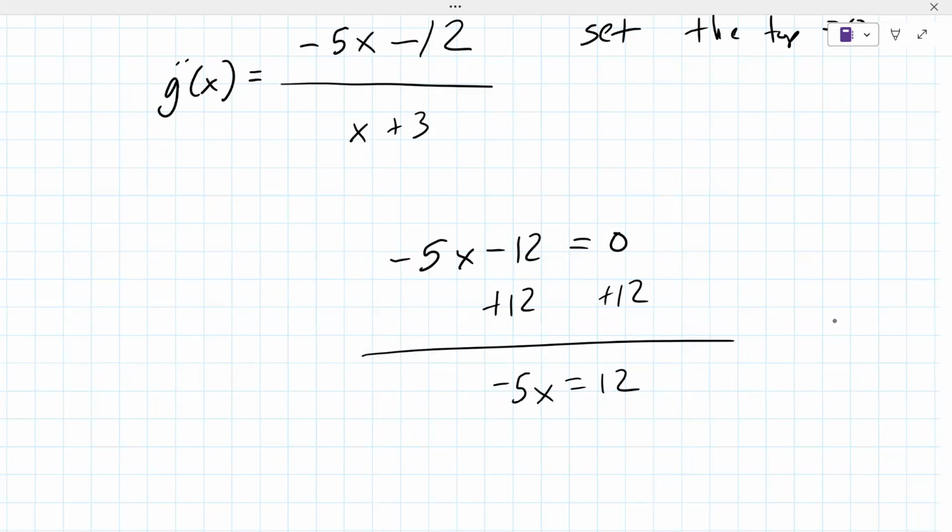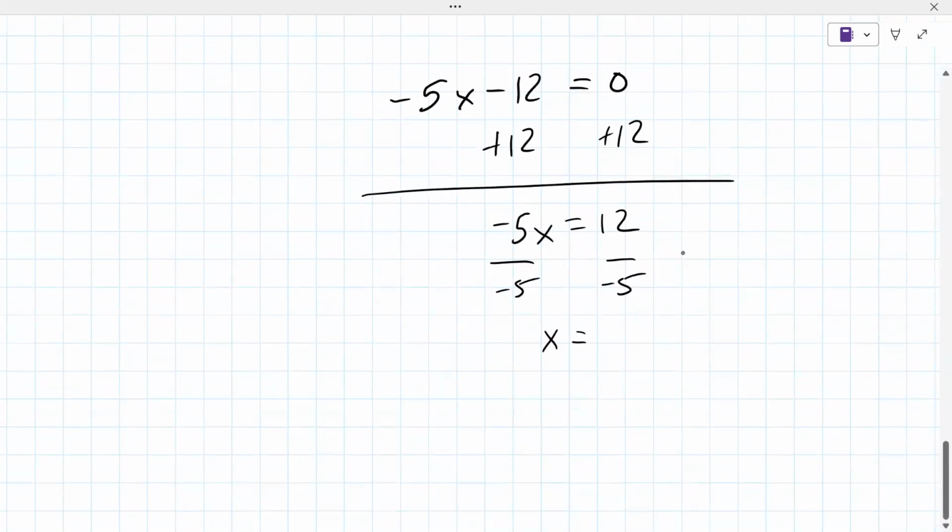Negative 5. Okay, so what should you divide by? 12 divided by negative 5. Okay, what is the answer? That's negative 2.4. Okay, that works.